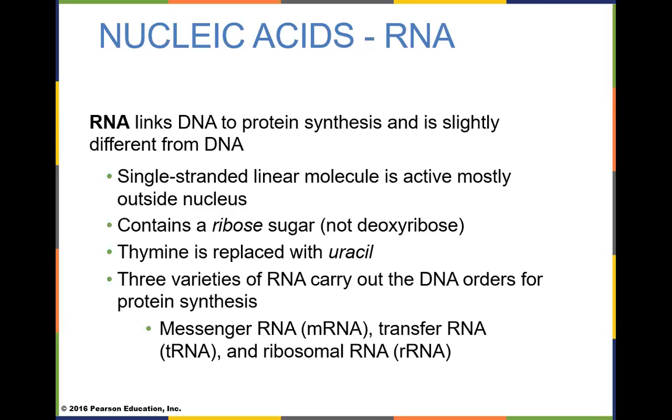The order of the bases in the DNA dictates the order of the amino acids. And so when the messenger RNA goes out to the cytoplasm, it has its instructions spelled out in what order the amino acids are going to be linked together to make a protein.